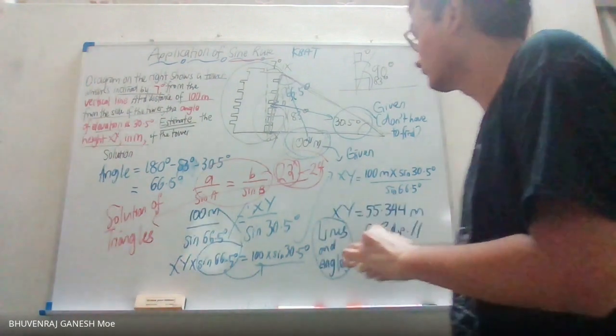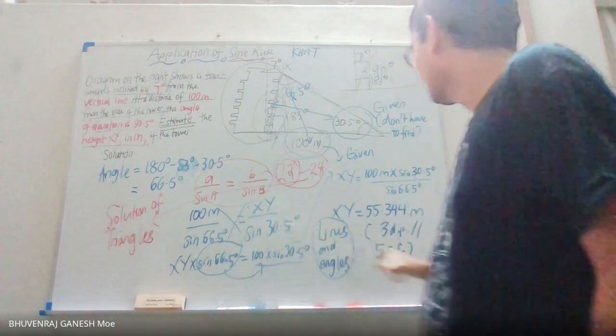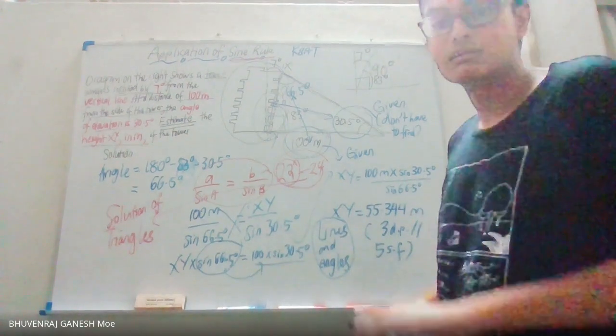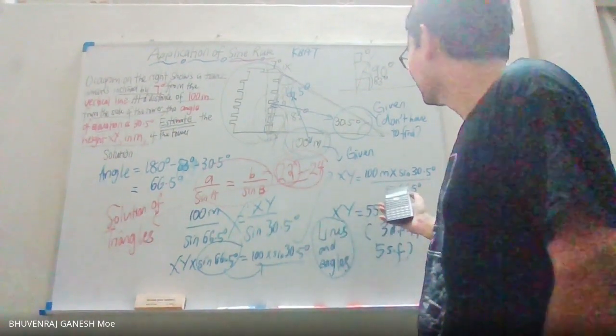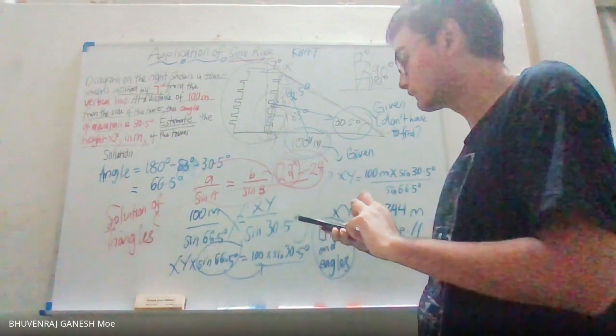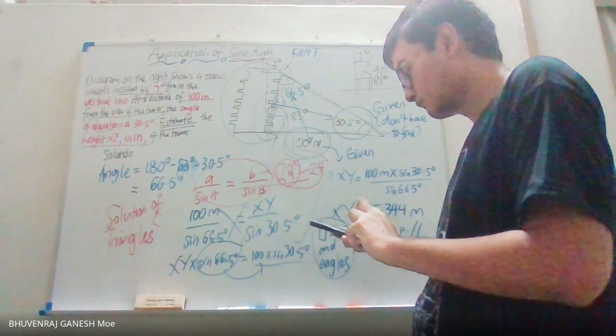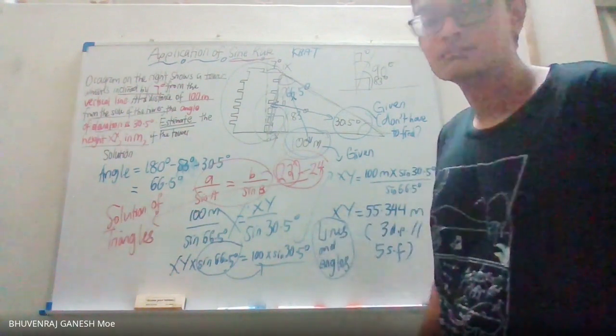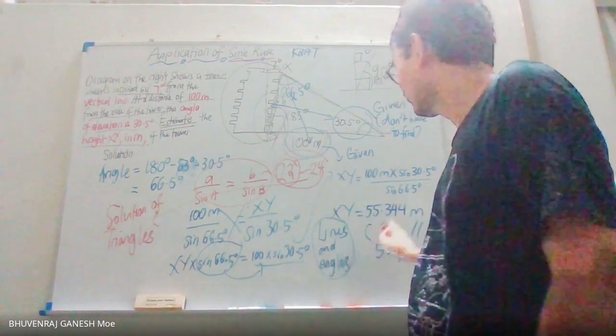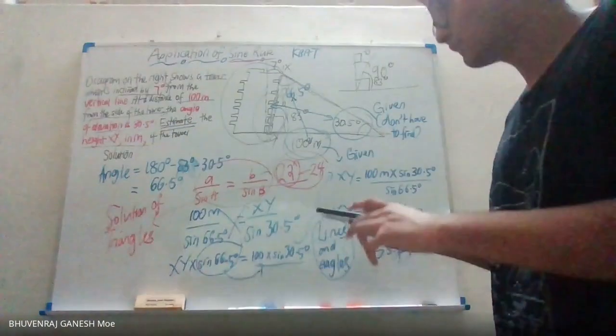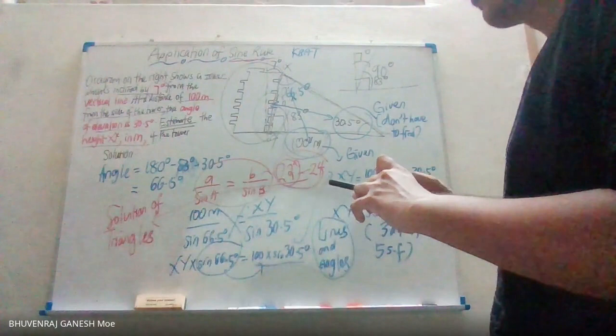Then we can sub in the values, and make sure you know how to press your calculator. You can do it in one shot in this case, and you will get the answer. So this is how we do it, one shot. This is the hardest question that can come for the sine rule based on the textbook.